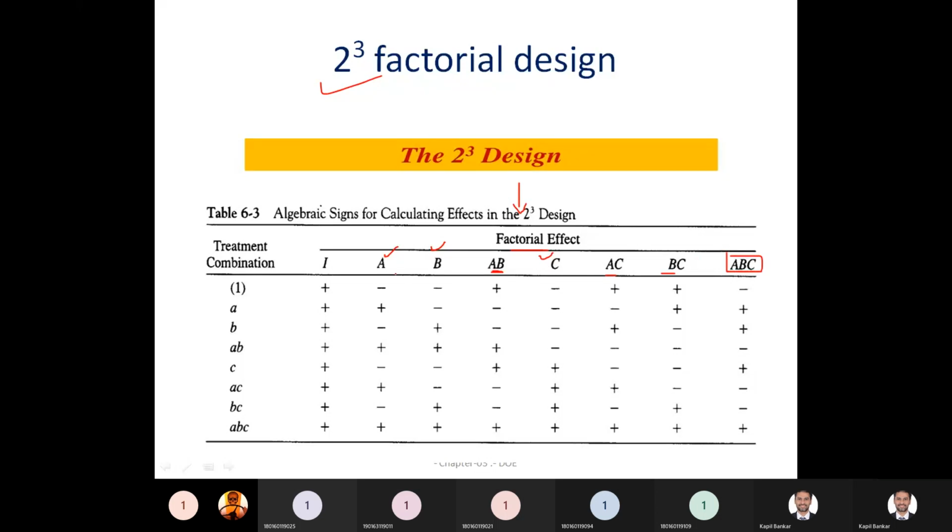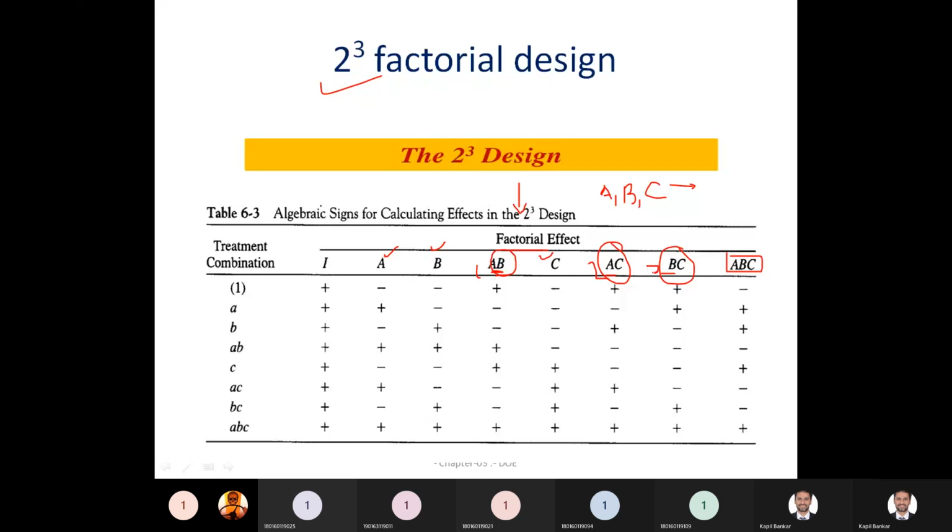So there are three main effects, A, B, and C. Then three two-way interaction effects, AB, AC, and BC. So this is one, this is two, and this is three.